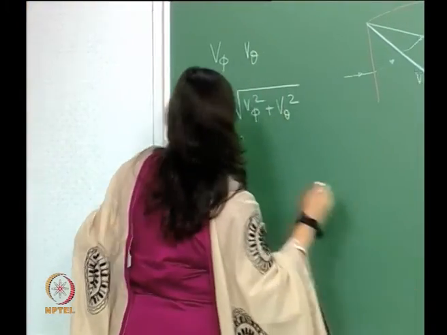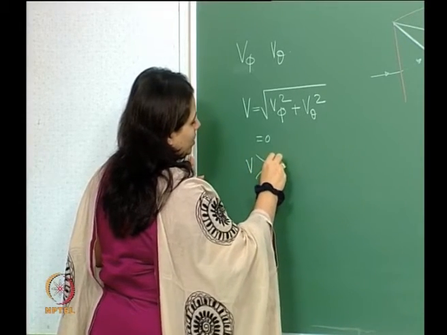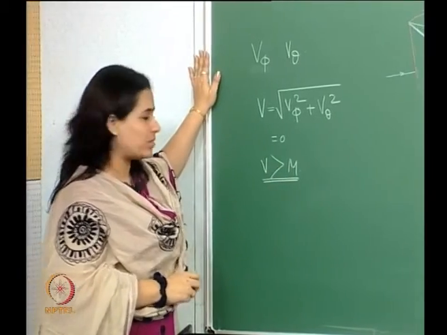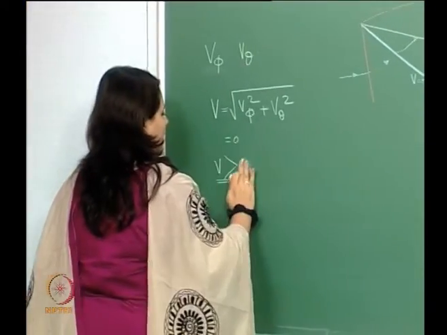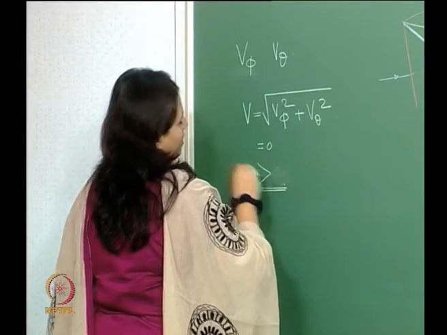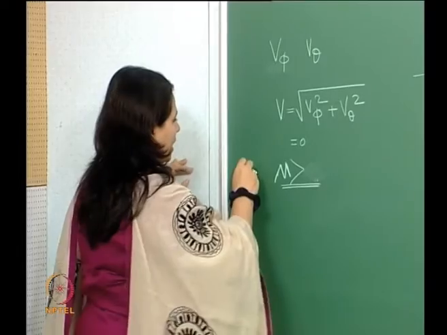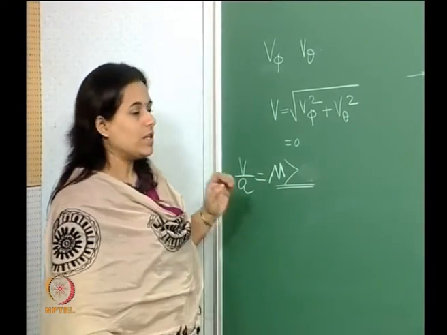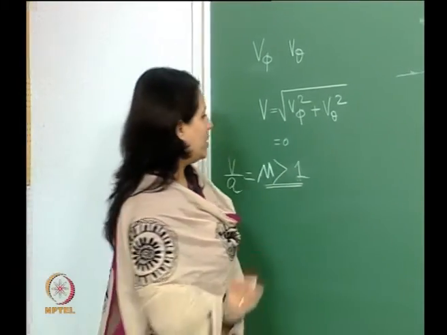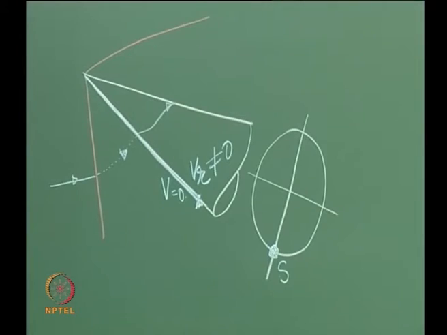If this velocity, the corresponding Mach number, v by a, where a is the speed of sound, is supersonic, then I will end up having embedded shocks.